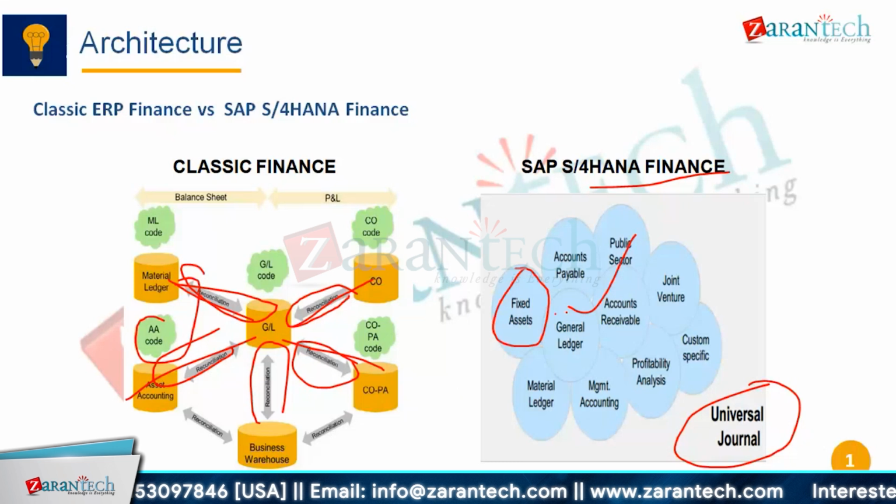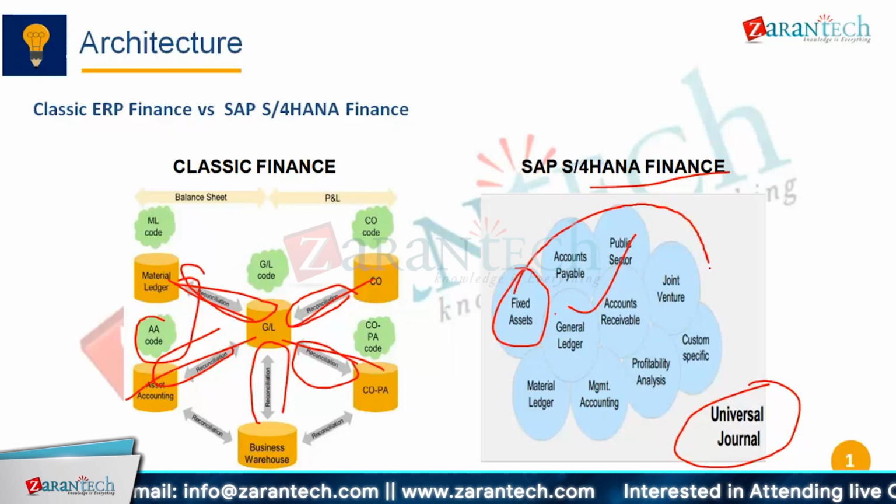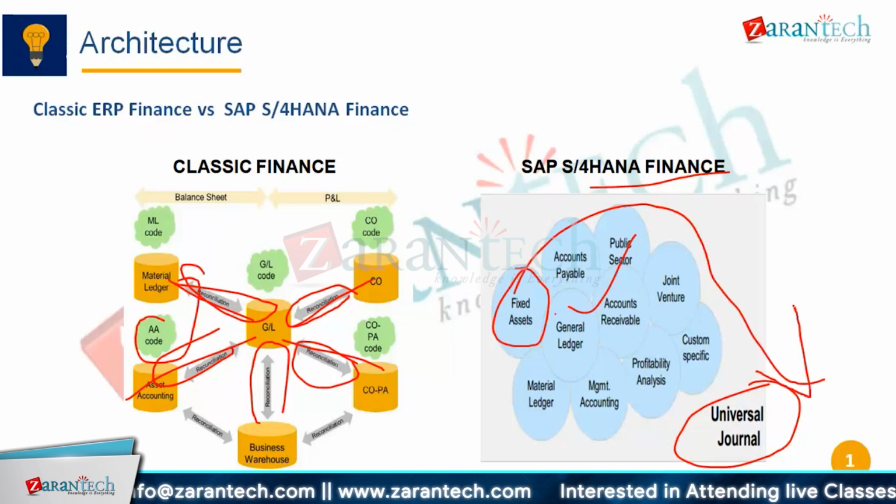But here we don't need to do the reconciliation separately, because all the information is stored in the universal journal, the ACDOCA table. Earlier the reconciliation was needed because the data was stored in different separate tables. But here the table is the same, so real time reconciliation is happening. A separate reconciliation is no longer required.